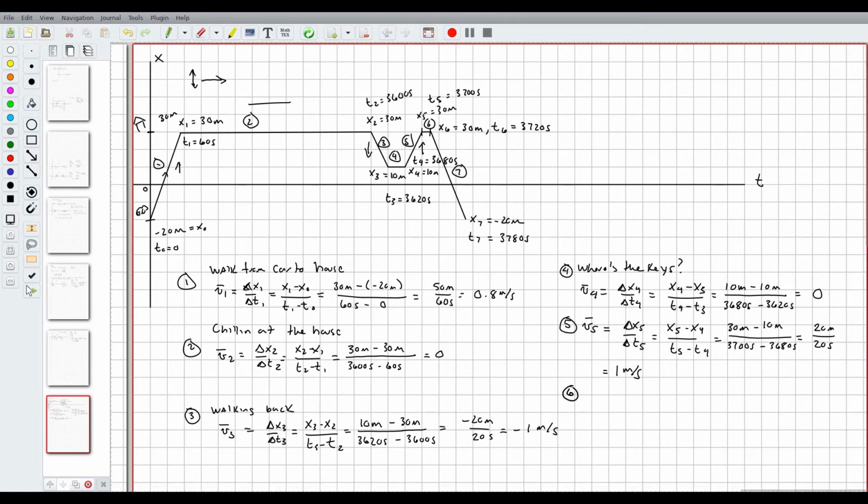Almost done. Part 6 is when we go inside and hunt for the keys, which probably are hanging by the door. So, part 6, delta x6 over delta t6.